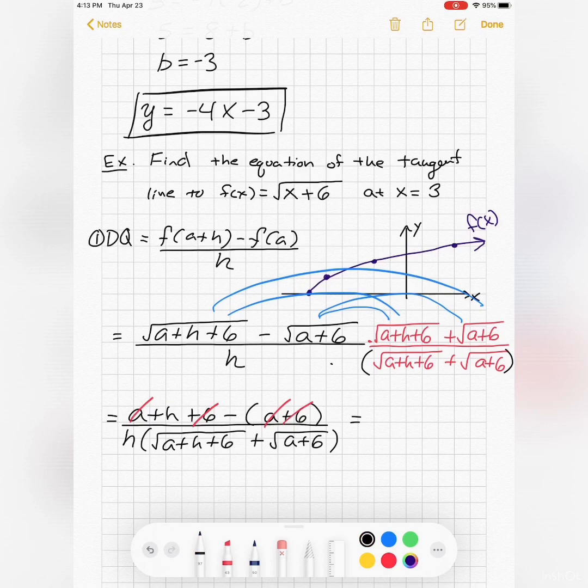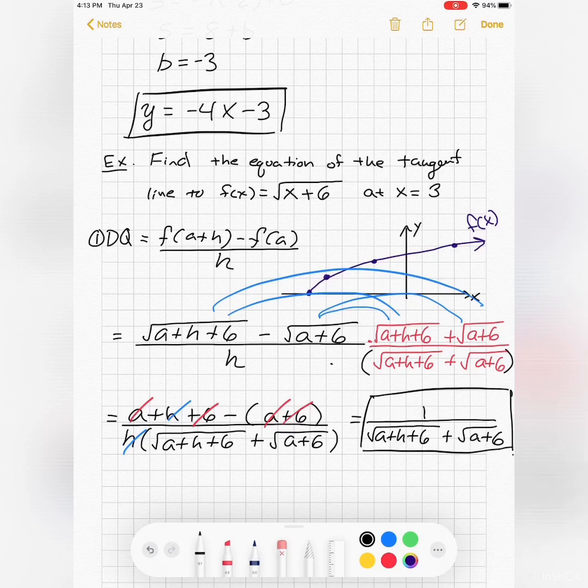Okay, so I'm just left with an h in the numerator. So actually my h will cancel with my h. And so I'll just have a 1 over root of a plus h plus 6 plus root of a plus 6. So that's my difference quotient.